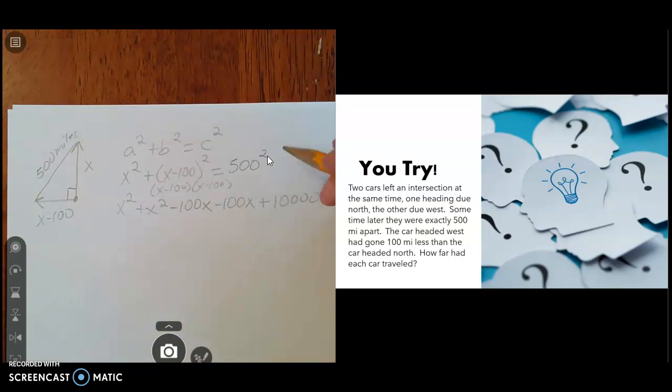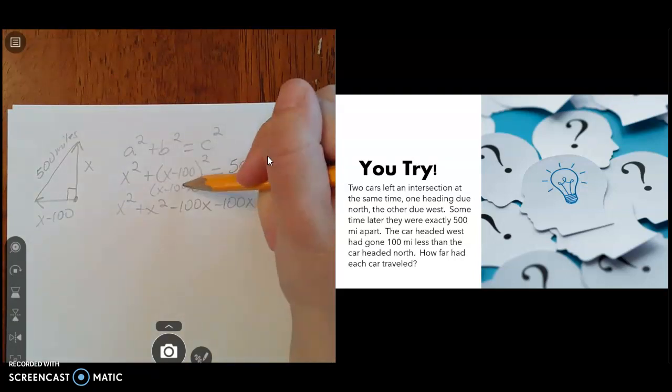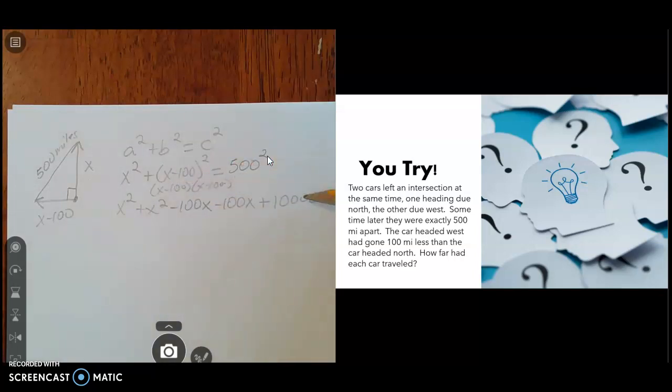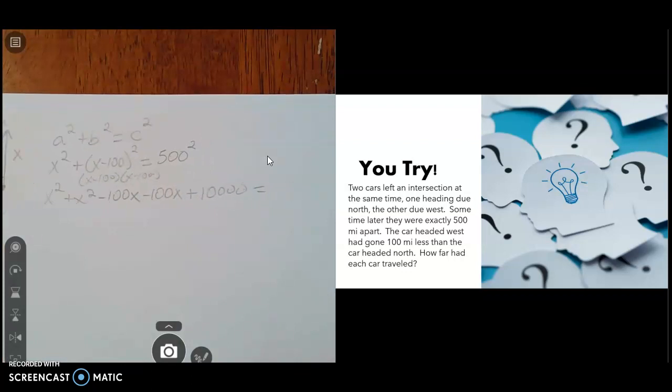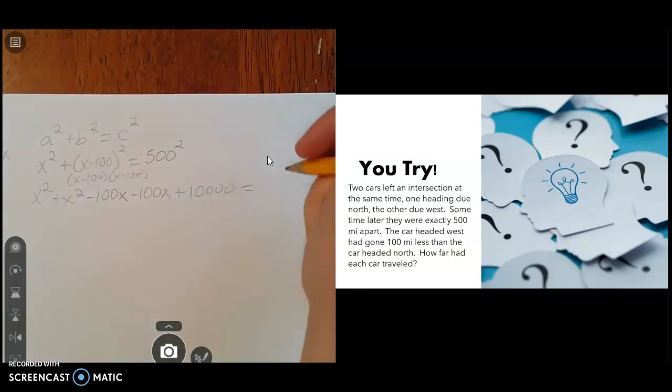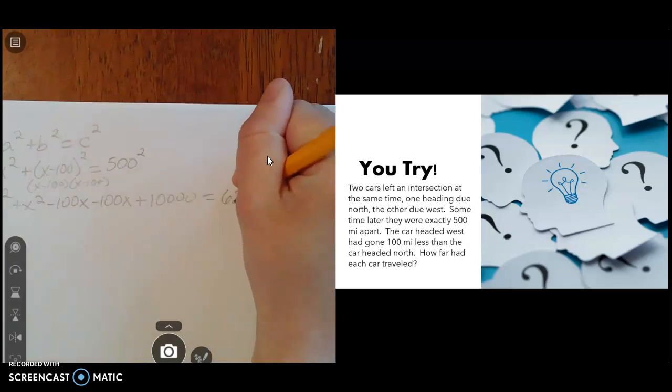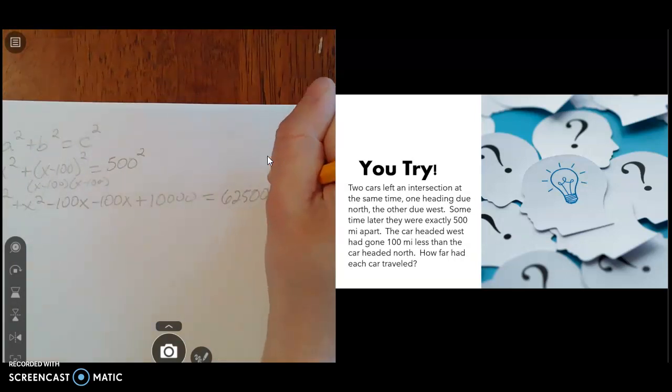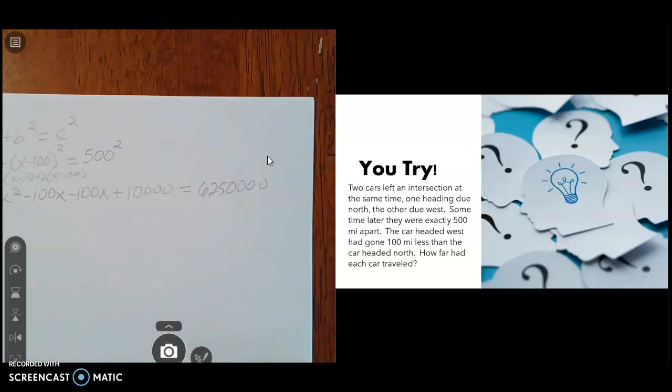Is that right? I just add the zeros, 1, 2, 3, 4. And if you do 500 and you square it, let's see, it's 625 plus 4 zeros. Big numbers. But it's all good, okay?